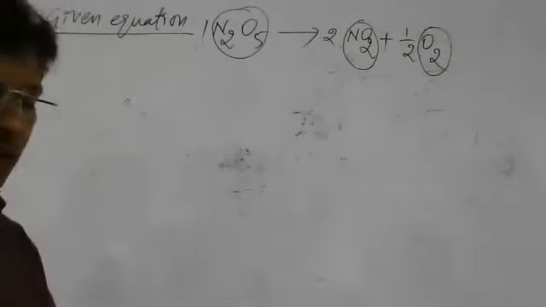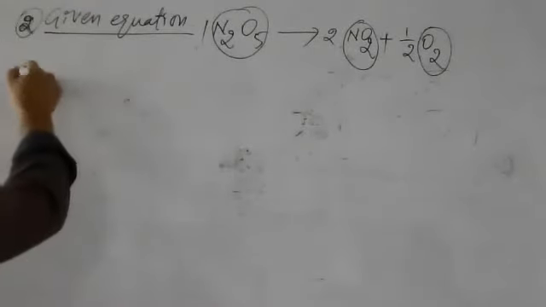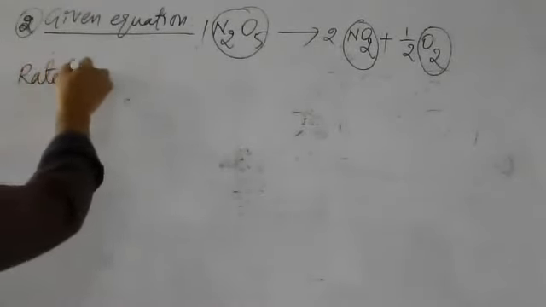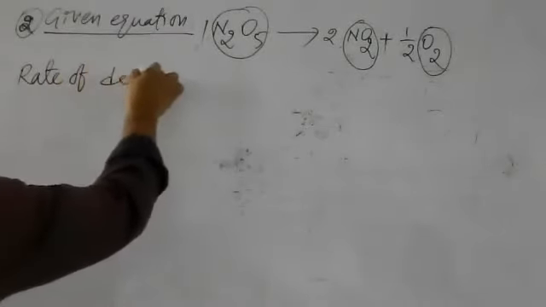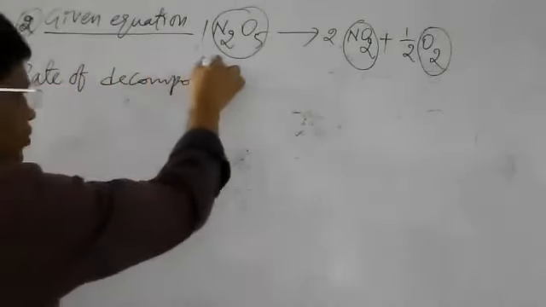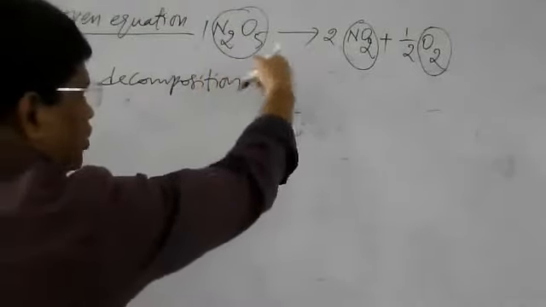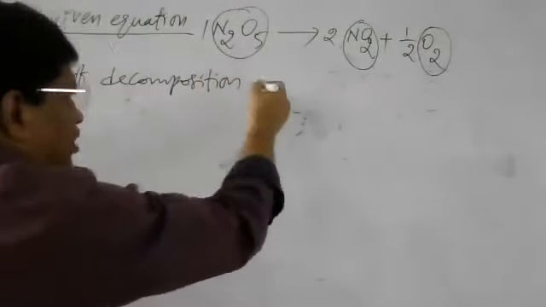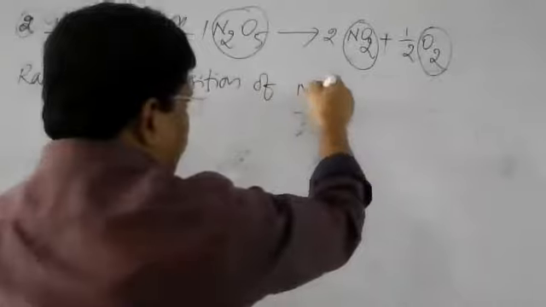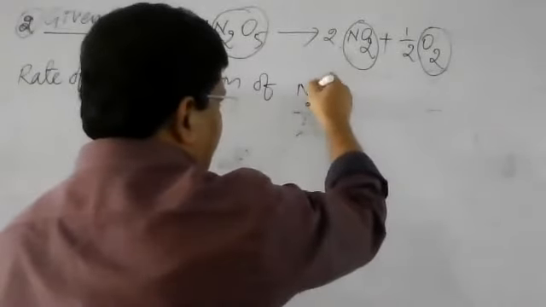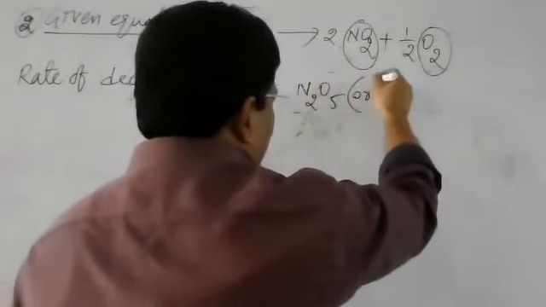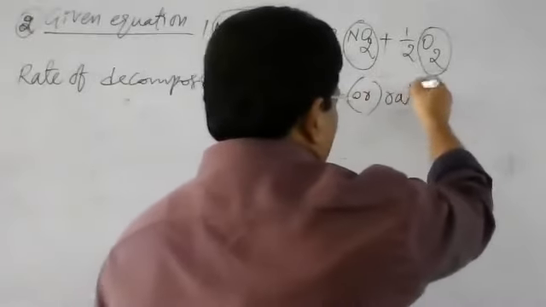Now, they also gave the rate of decomposition of N2O5. This reaction is the decomposition of N2O5, no? The rate of reaction is given directly.